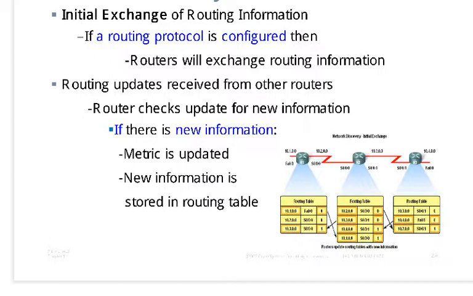So for the routing update received from other routers, of course, when this router receives information about this link here, this router accepts it because it does not have an entry for this link, right? So it accepts it by default. Why? Because the default metric here is infinity.